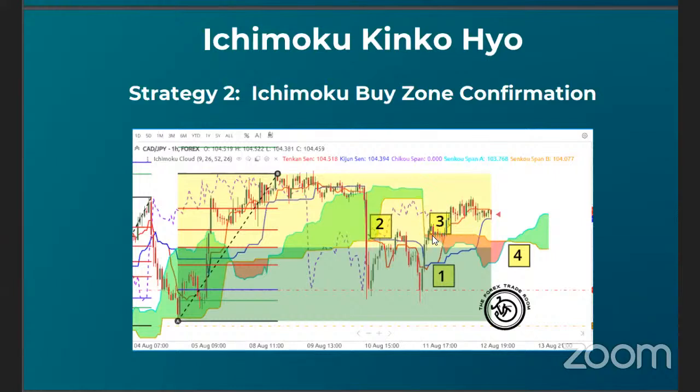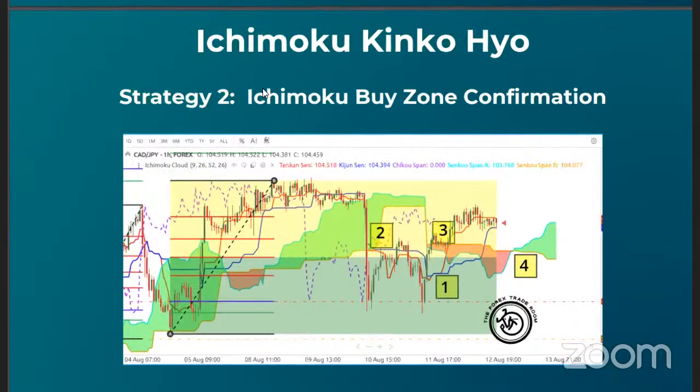If you try to plot your fibs on sideways price action, your fibs just keep getting taken out. Either the B gets taken out or A gets taken out. It just goes back and forth. So it's kind of the same thing. It's good for trending.